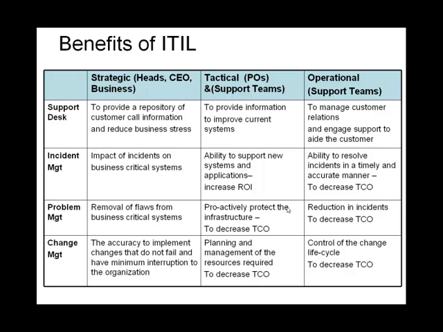On the operational support teams, you have the ability to resolve incidents in a timely and accurate manner. And this will make sure that you decrease your total cost of ownership. So each one of these has actually been put together with the view of will it increase your return of investment, and will it decrease your total cost of ownership?